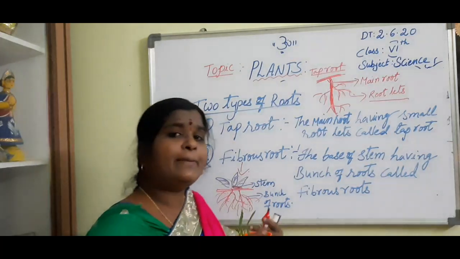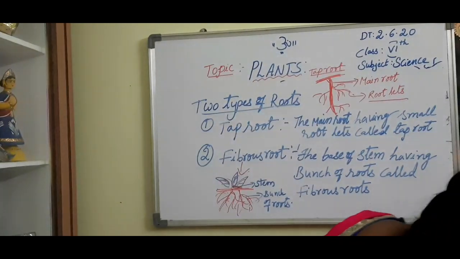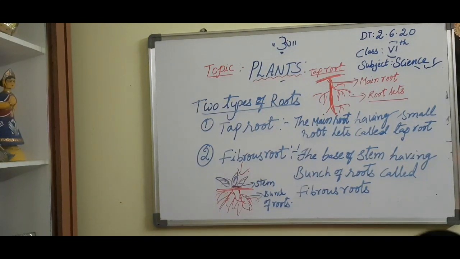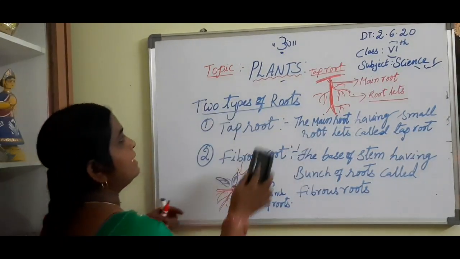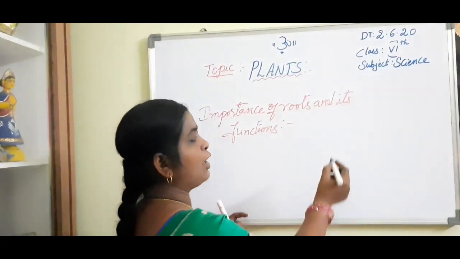Okay, what is the importance of the root? We still have to learn it. Before learning, you have understood the types of roots very well. So let us know the importance of the roots and their function. Already we have discussed that the root fixes to the ground.